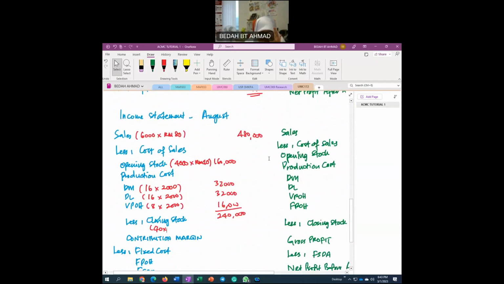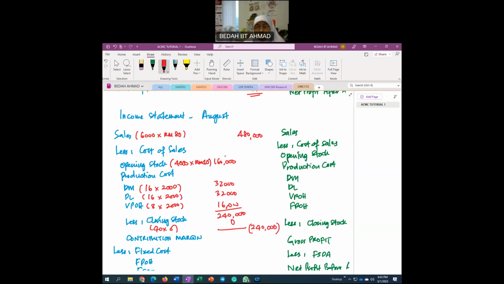So closing stock is 0. So you bring it here, 240,000. All right, since there is no closing stock. So 240,000. So we bring it to the sales column.